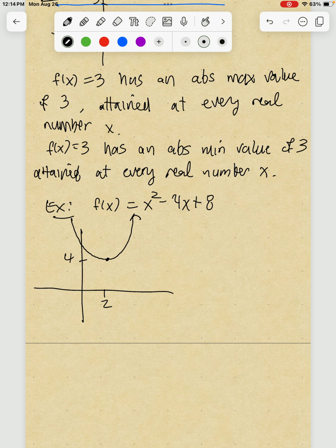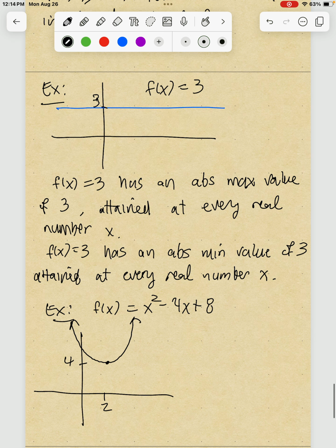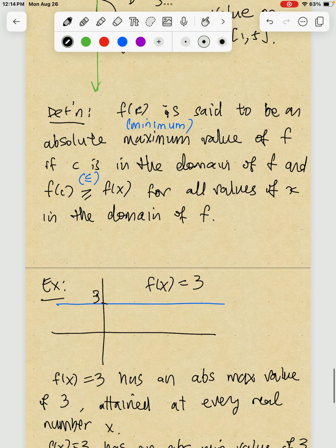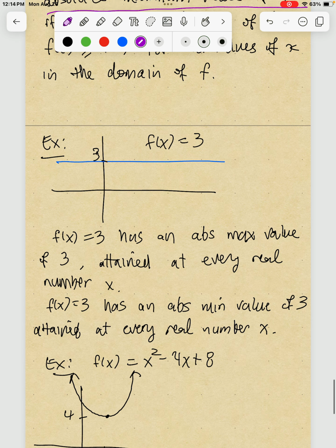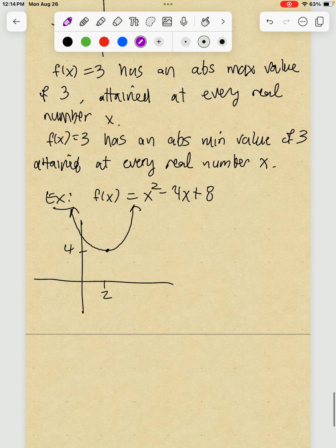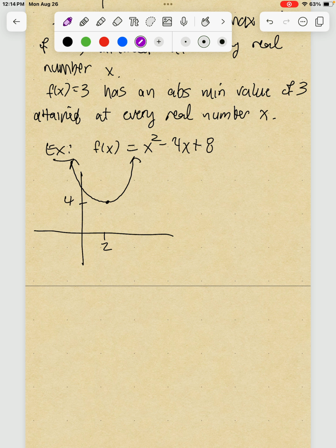Just to emphasize, when we say the absolute maximum or minimum value of the function without referring to an interval, we're talking about when you look at all the x's in the domain, all the possible y values that you get.